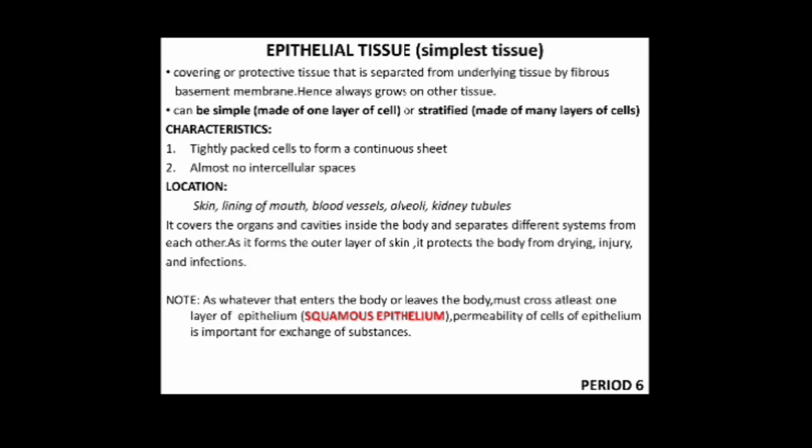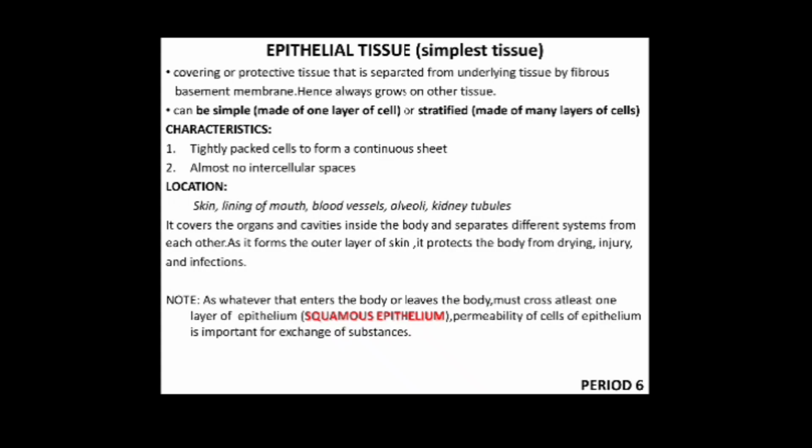The characteristics of the cells of this tissue are tightly packed cells to form a continuous sheet, almost no intercellular spaces, and where they are located? So they are located in the skin, lining of the mouth, blood vessels, alveoli, kidney tubules.